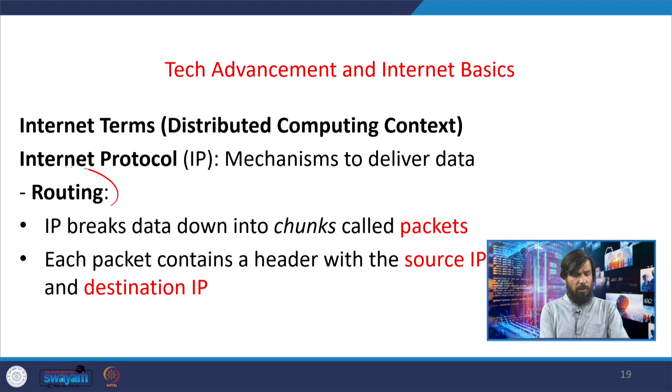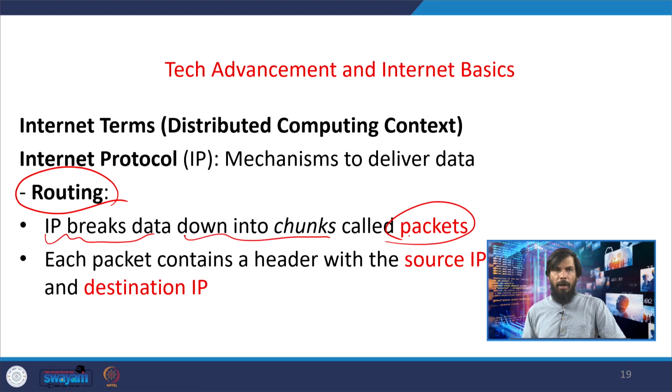Then the second is routing. In routing, obviously you cannot send the whole file over the network because it would be too big, as we talked about. Just like TCP breaks the data into segments, the IP also breaks the data into chunks called packets, and each packet has a header, and that header has the source IP and destination IP.